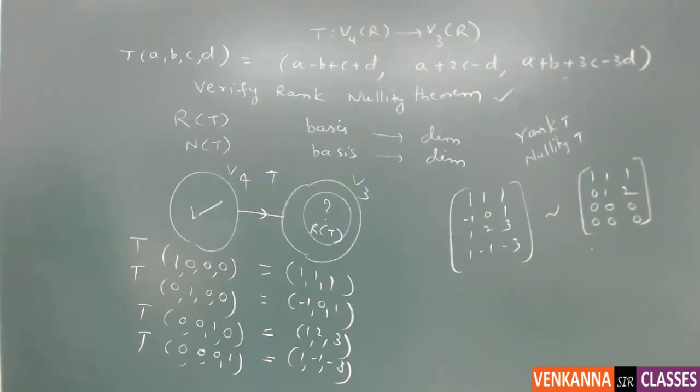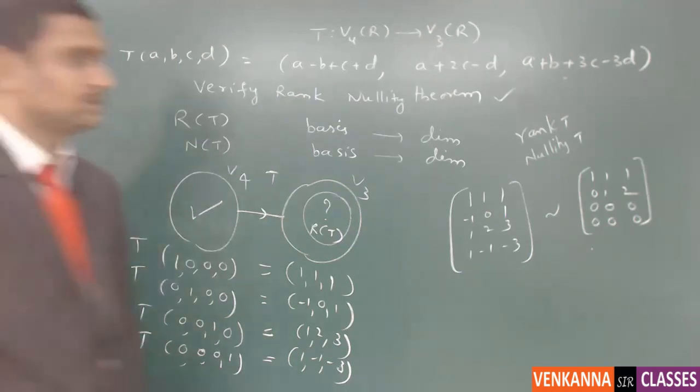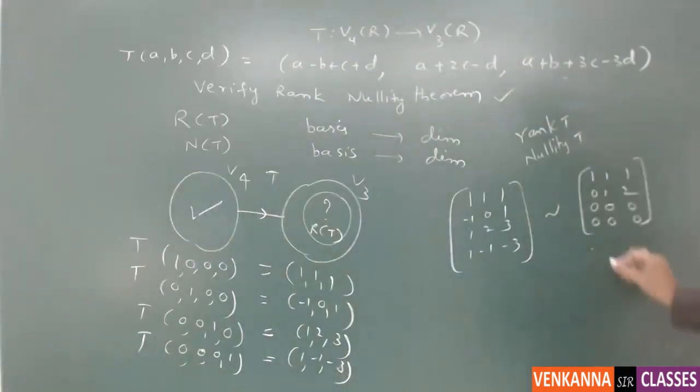So from the very definition of T, you can observe that you are transforming a 4D vector into a 3D vector. From the images, it is evident. Did you observe? Right. So if everyone confirms that that is the matrix we got, from the non-zero rows, the vectors are (1, 1, 1) and the other vector is (0, 1, 2).